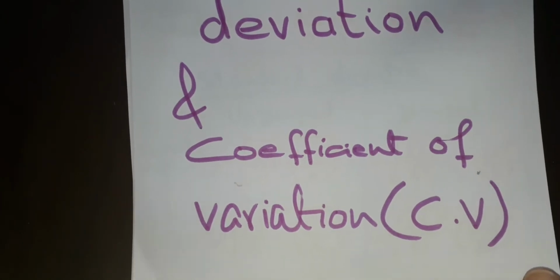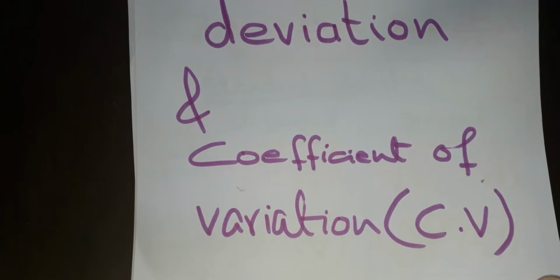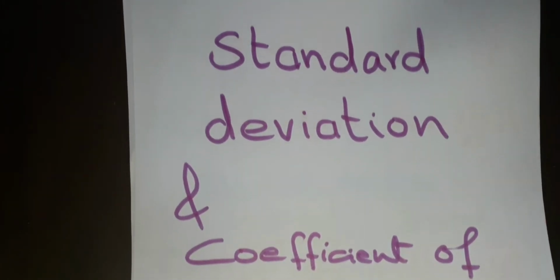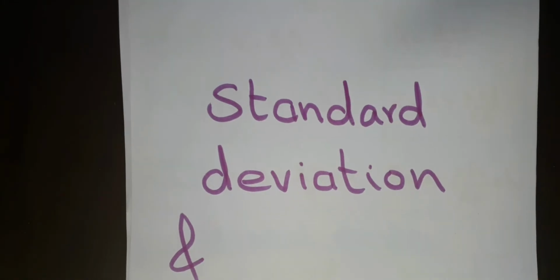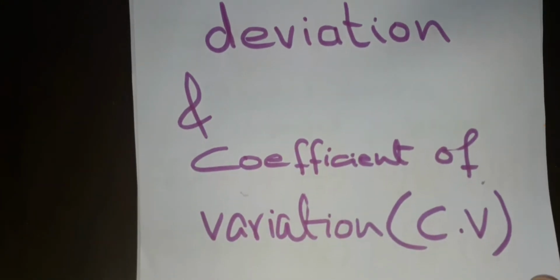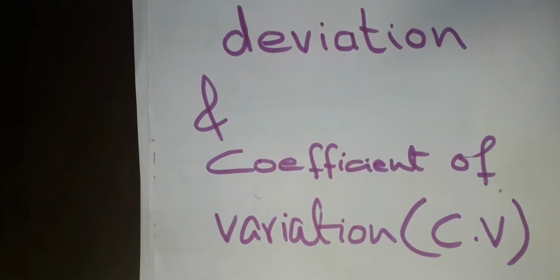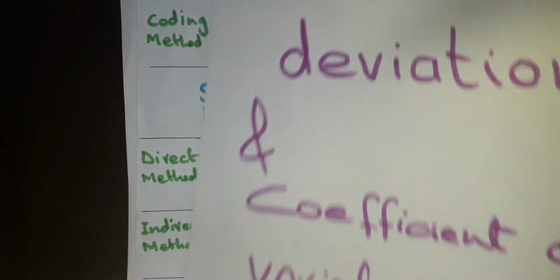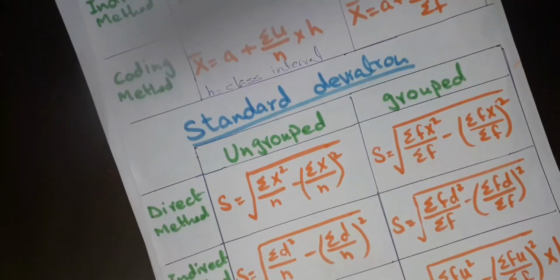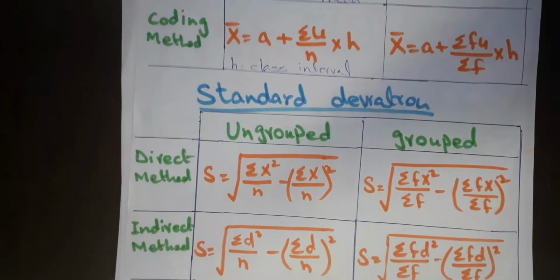Before we learn coefficient of variation, we have to talk about standard deviation, which is the most important topic in solving coefficient of variation. So first of all, I am going to tell you about standard deviation and arithmetic mean.